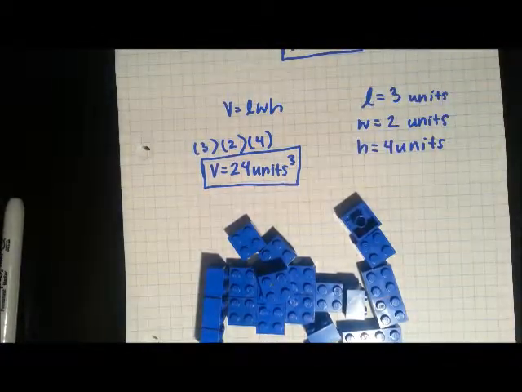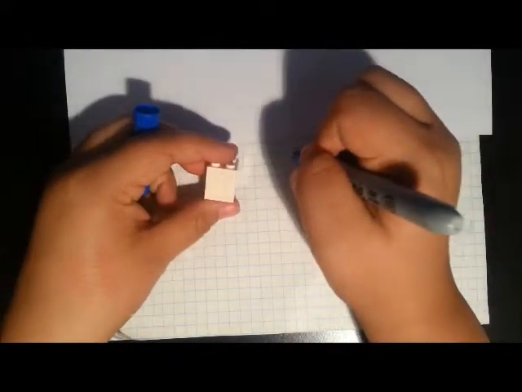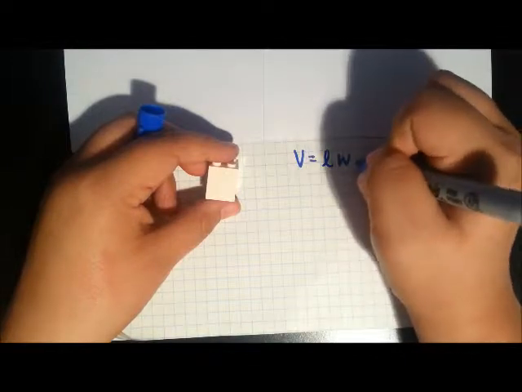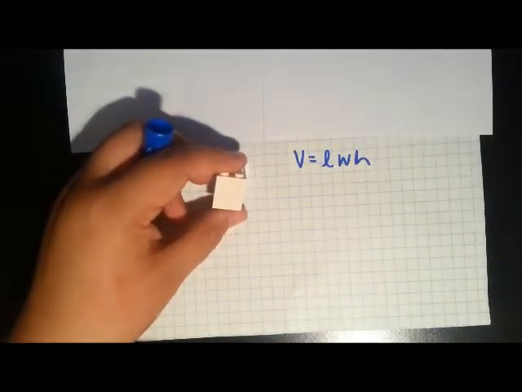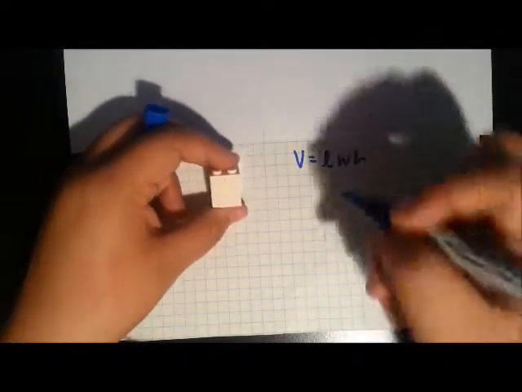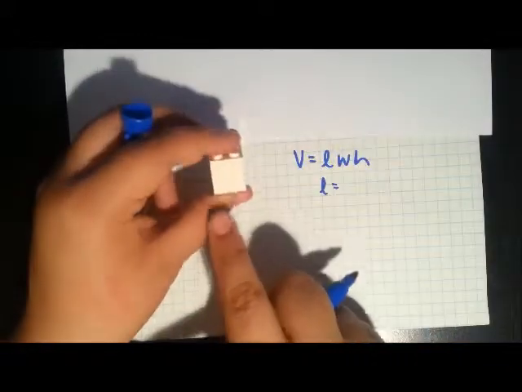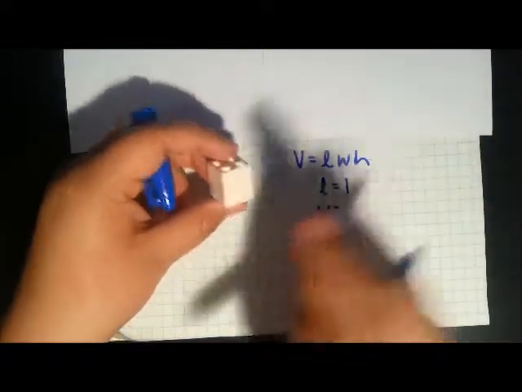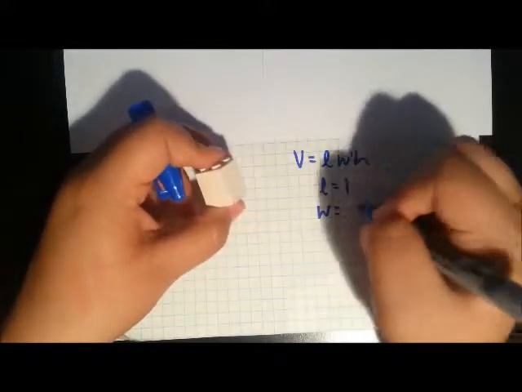That is our volume. For our next problem, we're still calculating volume, and we're doing it for this rectangular prism. So, like we said, volume is equal to length times width times height. For this one, our length is equal to 1. Our width is equal to 1.